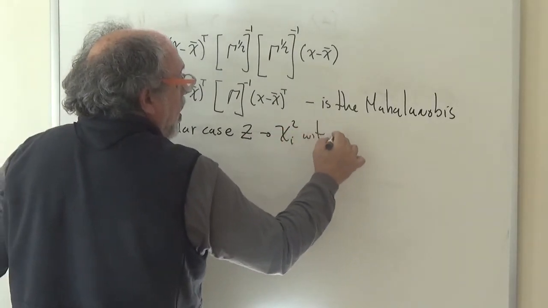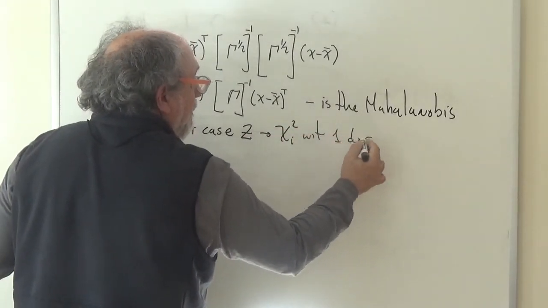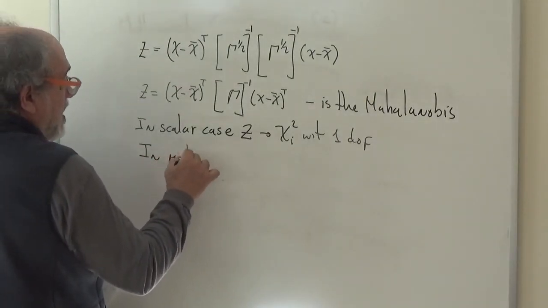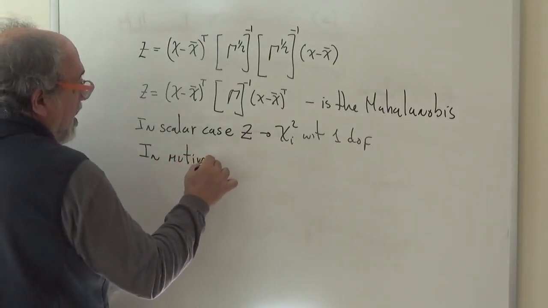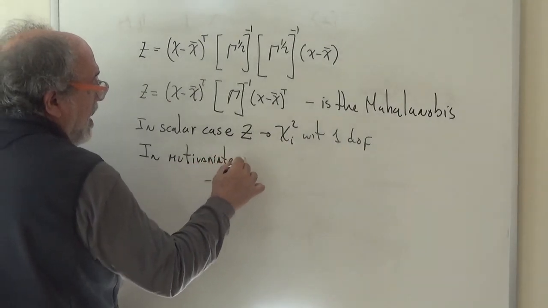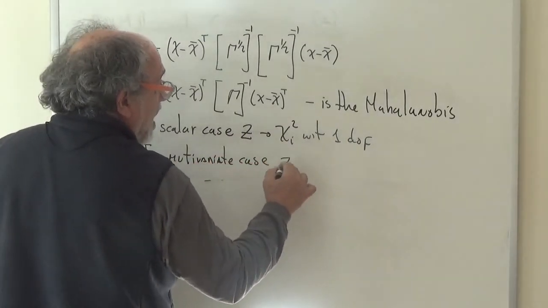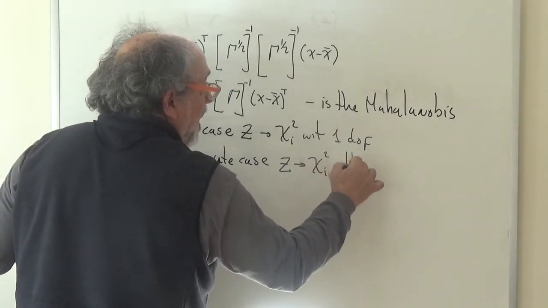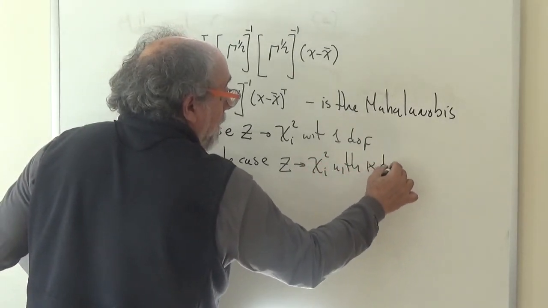With 1 degree of freedom. In the multivariate case, z is still chi-squared with k degrees of freedom.